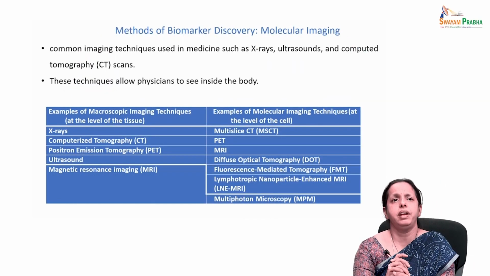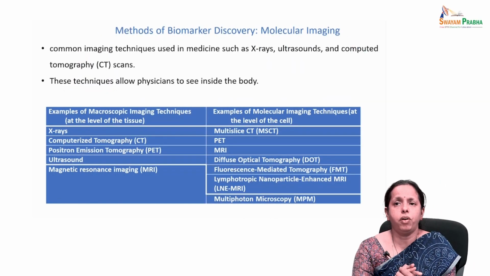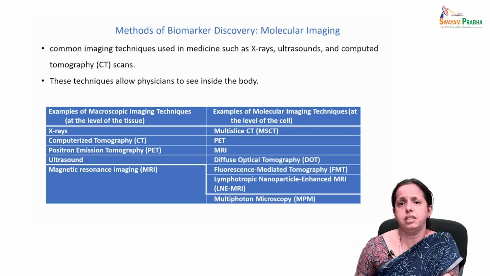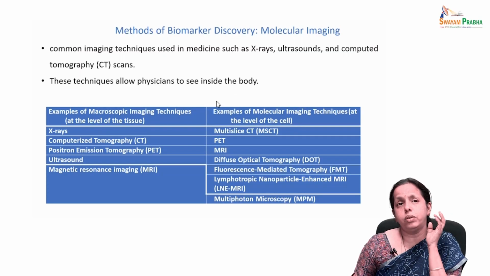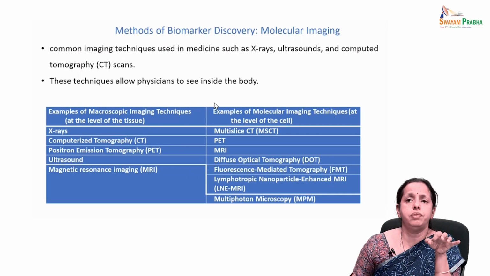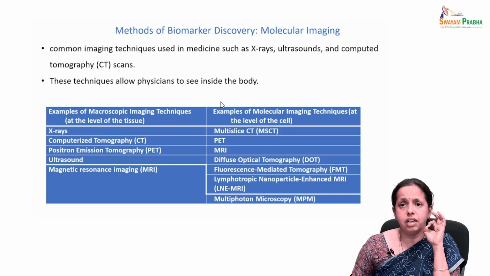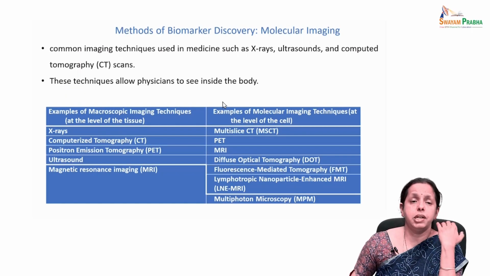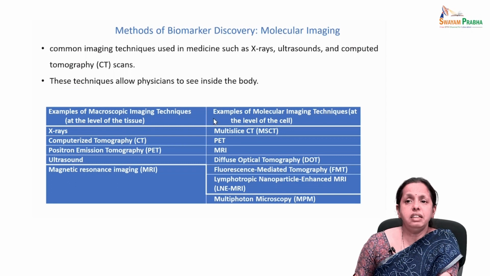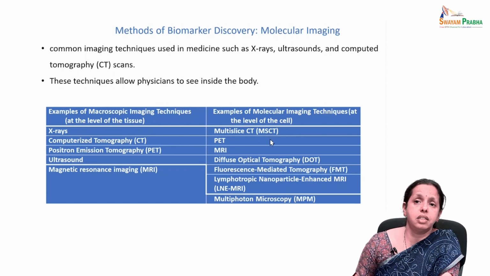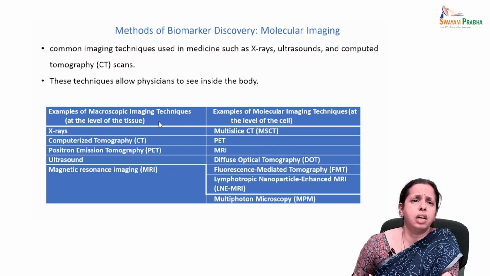Molecular imaging has played a very important role in the lab for biomarker discovery. Through today's imaging technology, we are able to show exactly the location of the tumor. Imaging systems are constantly evolving, and they are allowing scientists to explore the smaller components of the body in much larger detail.